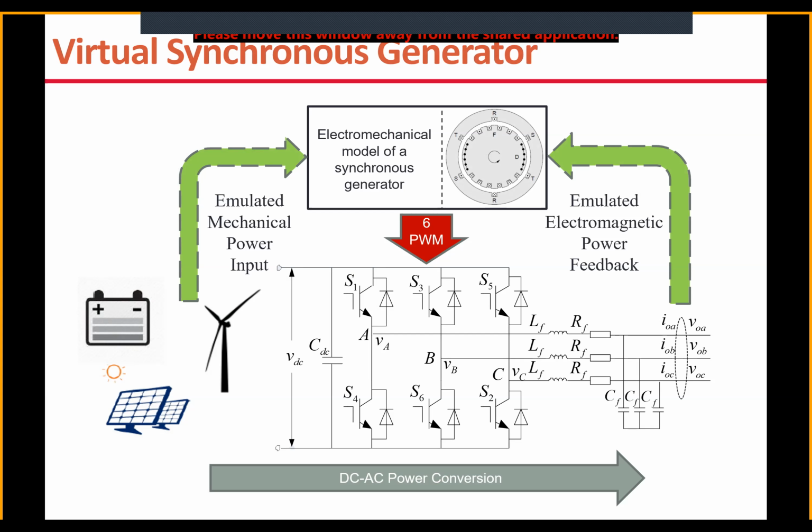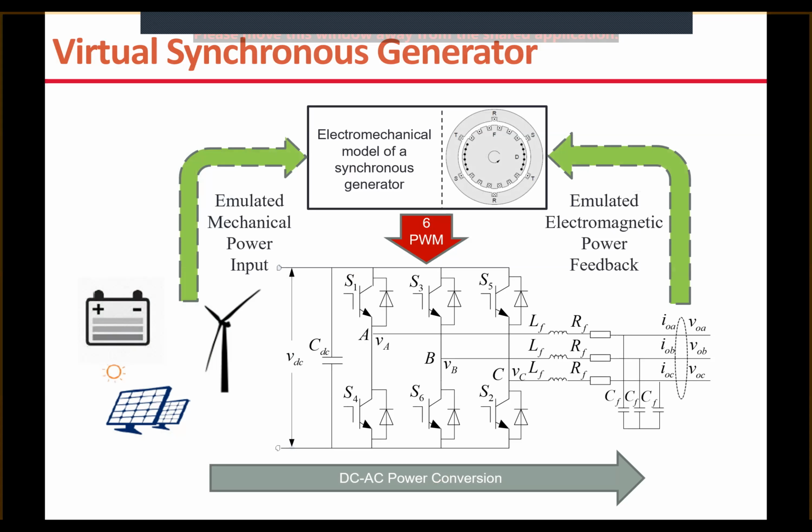In the swing equation, we usually have the prime mover input power, mechanical, and then we have the output power from the machine, the electromagnetic power, right?